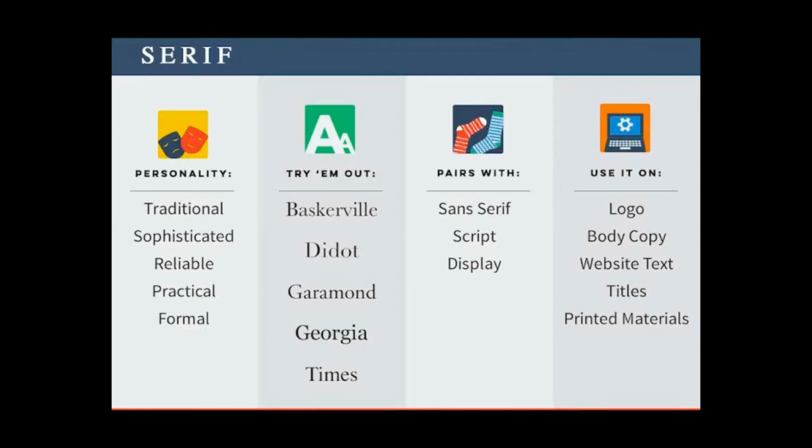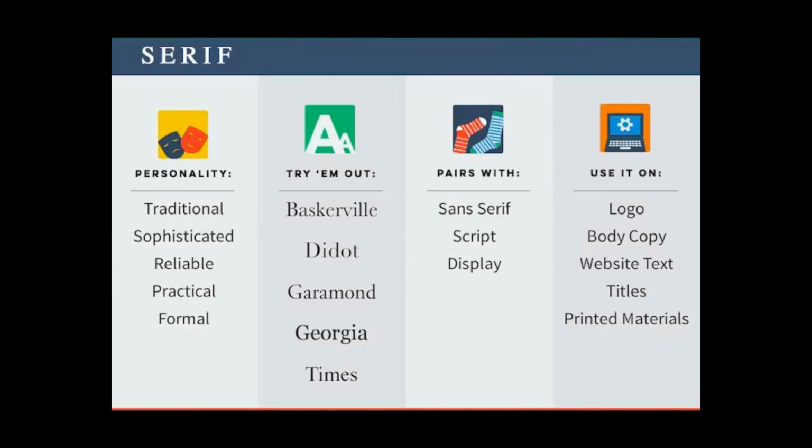Serif normally pairs very well with sans serif, which will be right below it, or something like script and display, depending on your design. They're very easy to read, so they're used on websites and titles and printed materials, so that they convey some sort of authority.